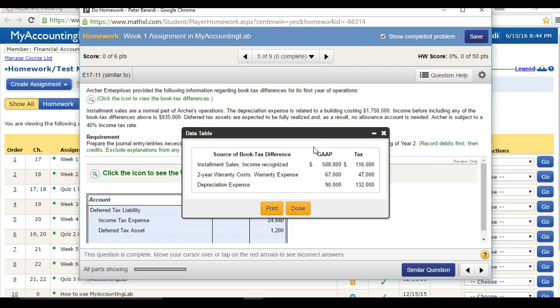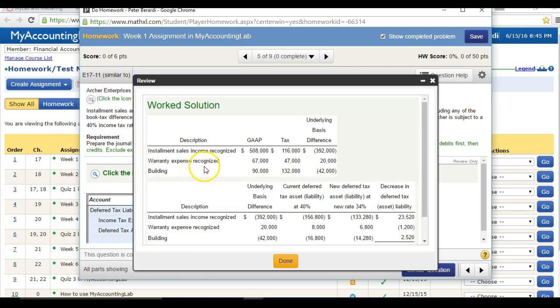The 2-year warranty cost, warranty expense, we can accrue the expense of warranty with the sale. But for tax purposes, we can only recognize the warranty expense if we actually pay out cash for the warranty. Depreciation expense, again, is recognized based on the method we choose for GAAP, but tax is usually an accelerated method such as double declining. Depreciation is usually straight line.